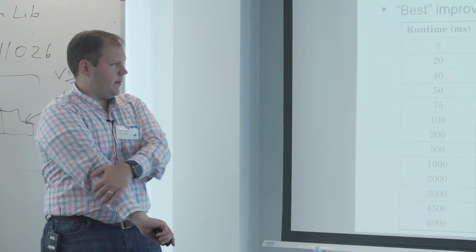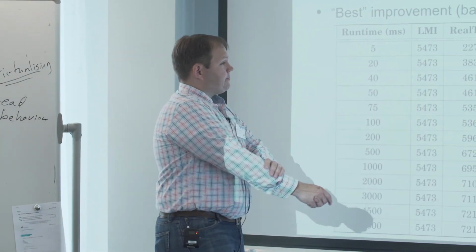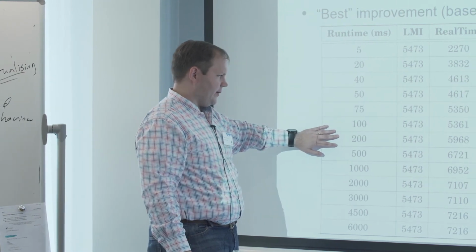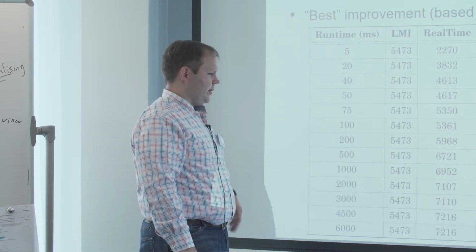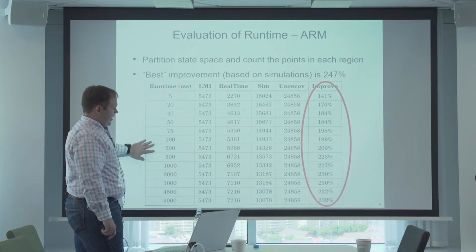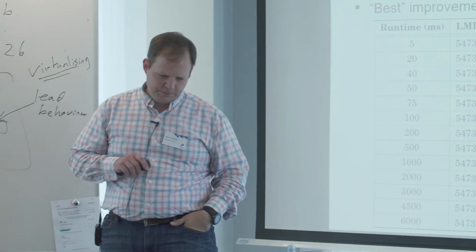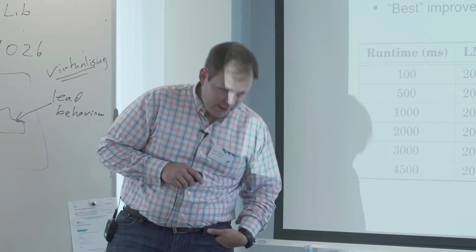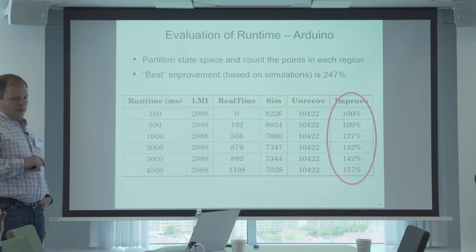So what about on a more appropriate embedded platform like ARM? For somewhat reasonable runtimes, we can still get quite a lot of improvements. Again, we could use the complex controller quite a bit more. Not quite as good as in the i7 case, but obviously still reasonable. And then we've even done this on Arduino just to illustrate the portability of this.